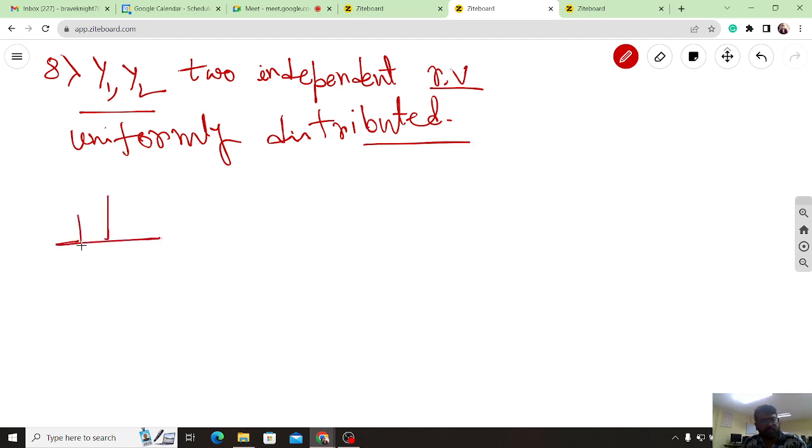So y1 is a uniform distribution and y2 is also a uniform distribution. They are independent, and another point is that they are also identical.